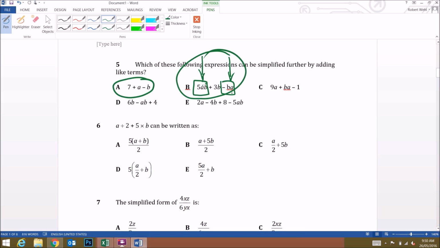A divided by 2 plus 5 times B can be written as... so we're dividing A by 2 and then we're adding 5 times B. Let's have a look at our options.